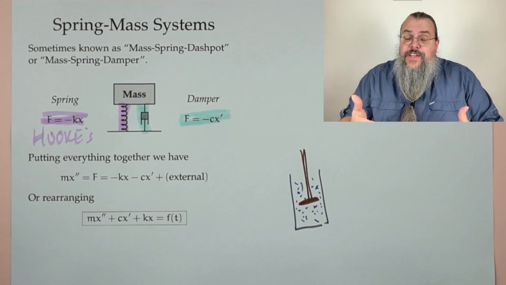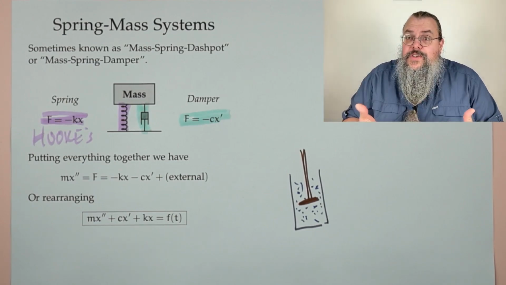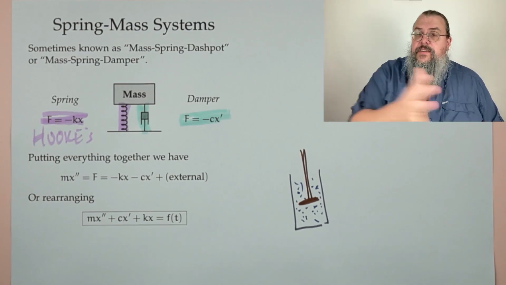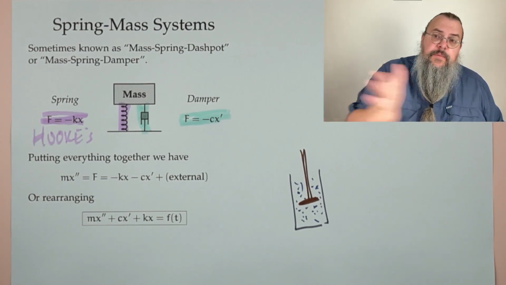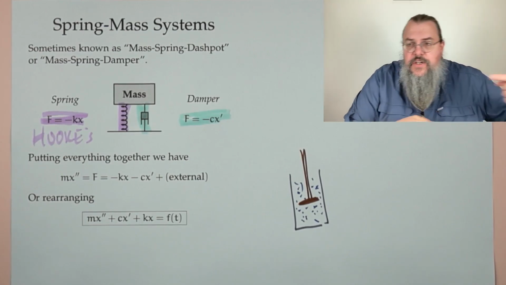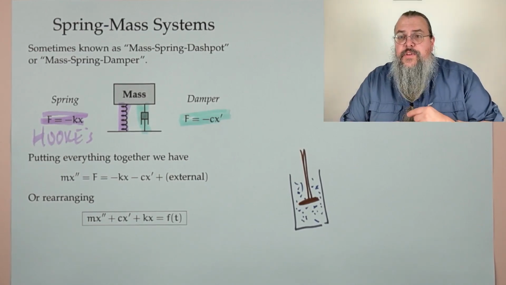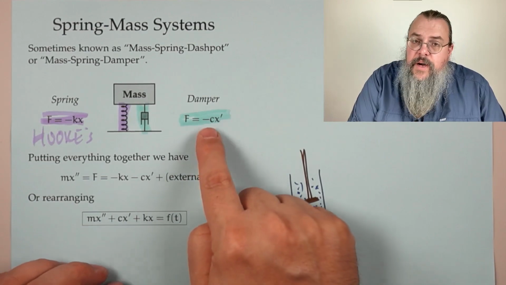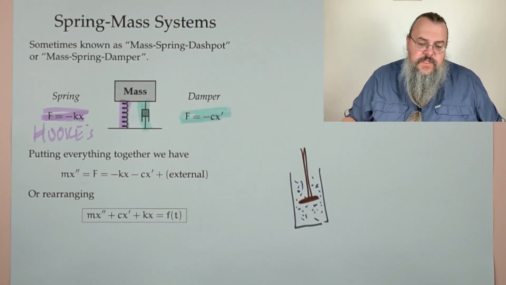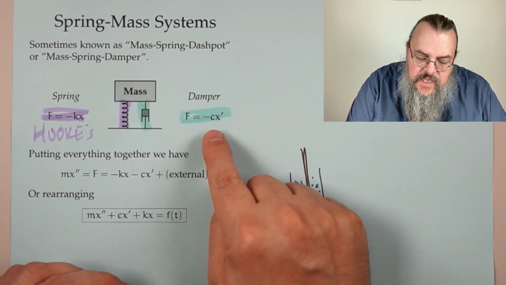That resistance that you're feeling is force, and it increases with the speed of your hand, and in particular depending upon where your hand is moving. So if your hand is moving in this direction, the force pushes in the opposite direction, which is why there's a minus sign.